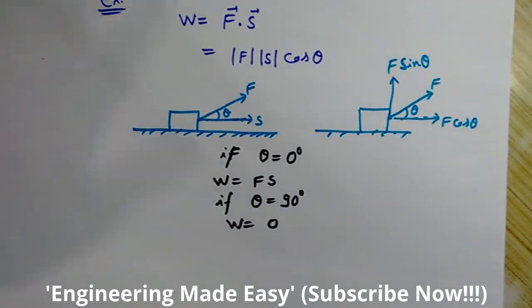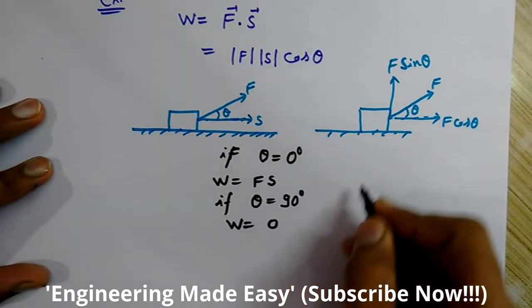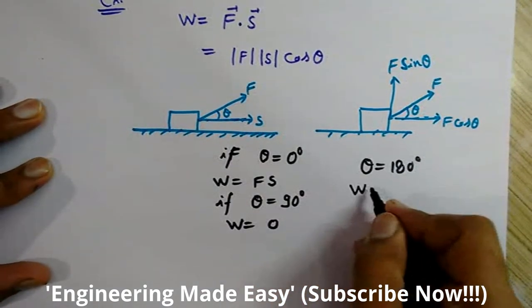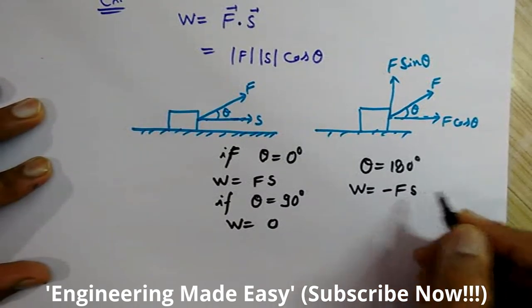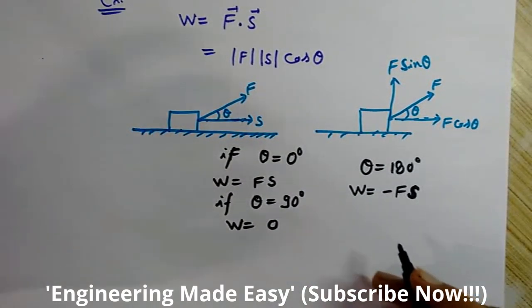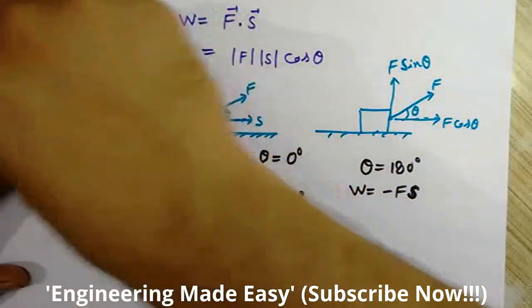And if I keep theta at 180 degrees, you can understand it also. If theta is 180 degrees, then W would be minus Fs, since cos 180 is minus 1. So the box will move backwards if I keep this at 180 degrees.